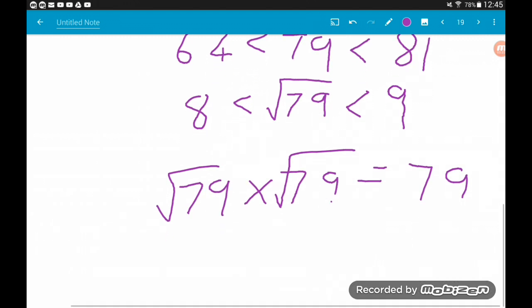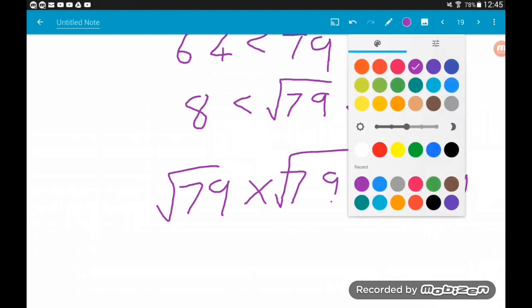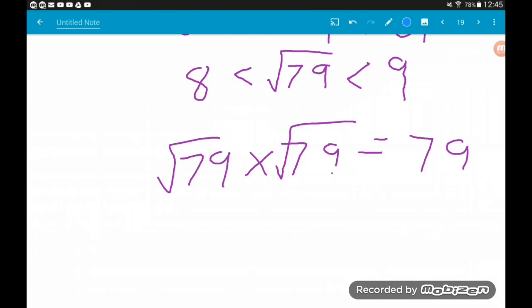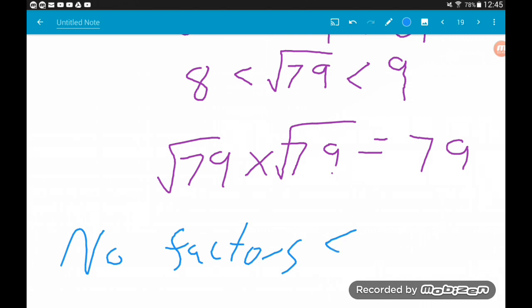So what we can say now is that, well, we know there are no factors of 79 that are less than or equal to 8, except 1.